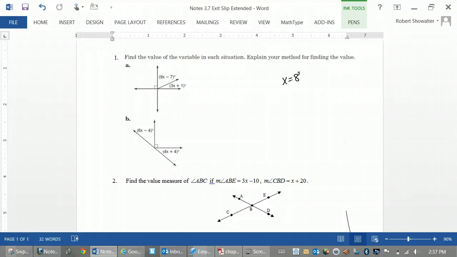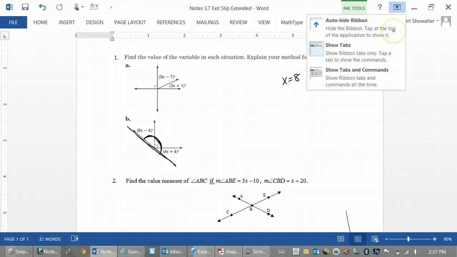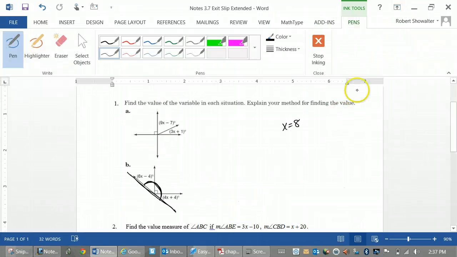That means they add up to 180. So angle ABC plus angle DBC add up to 180, the measures. We don't know what ABC is. That's actually our goal.